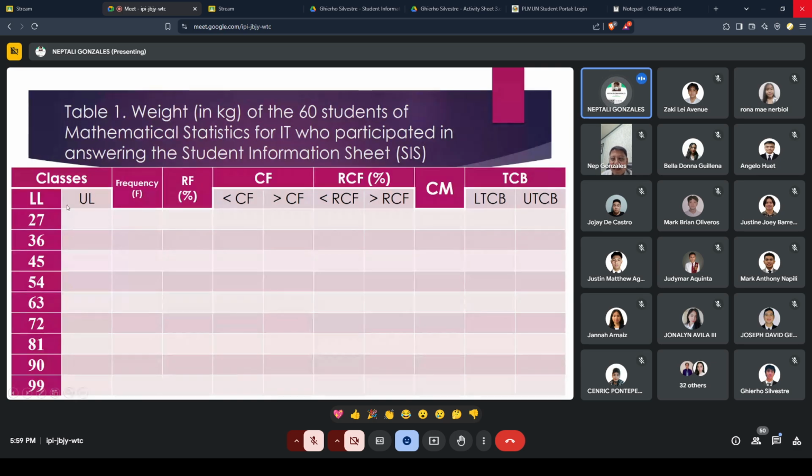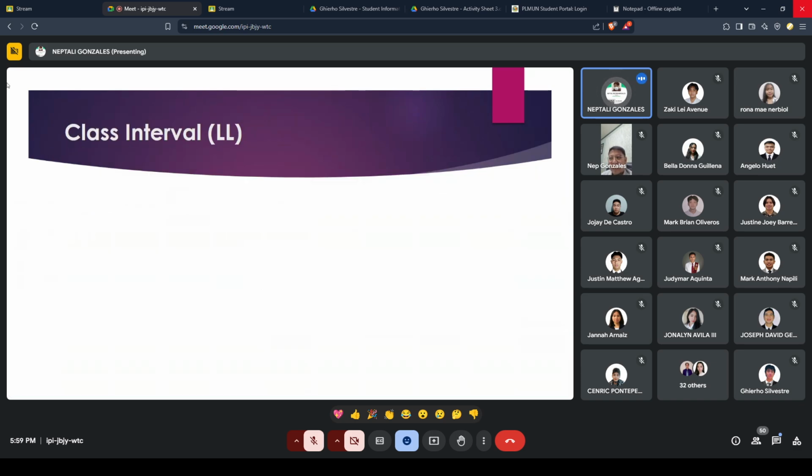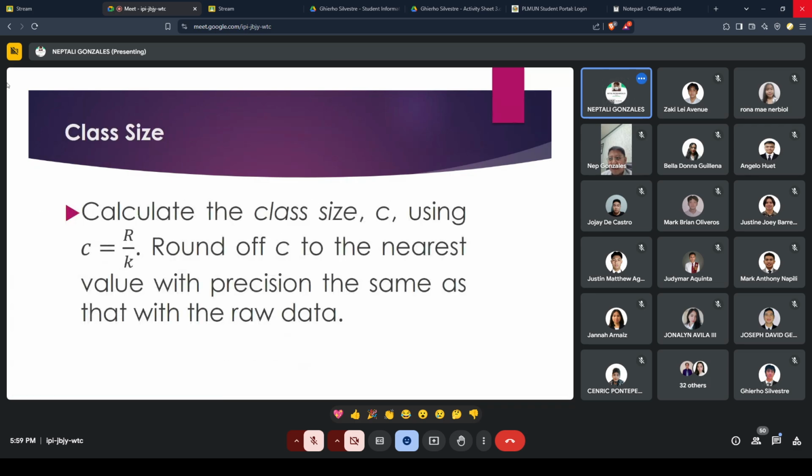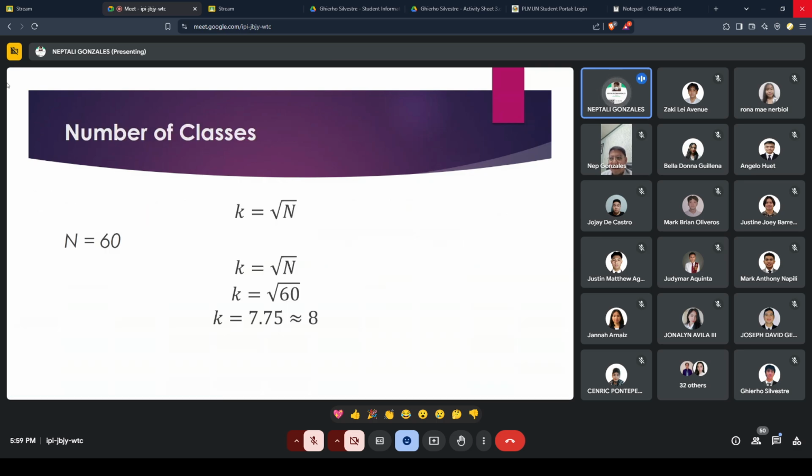So counting, what is the meaning of the class size? That 9 earlier, the class size we computed. The number of classes should be 8, or plus or minus 1, the margin of error.